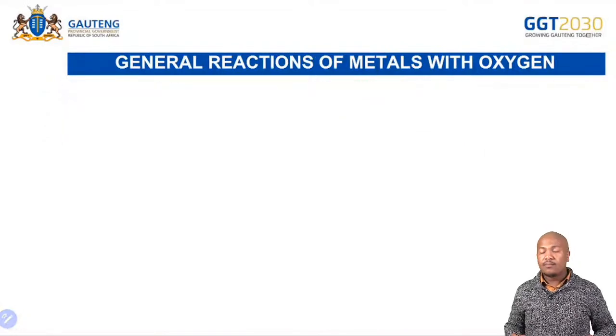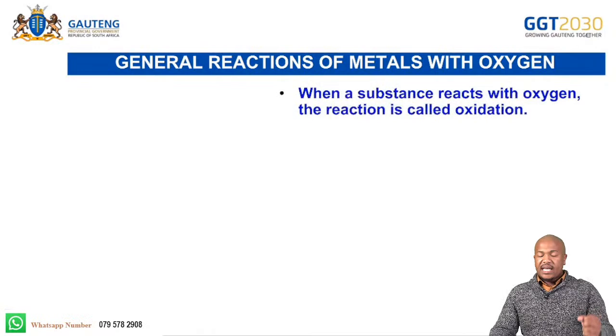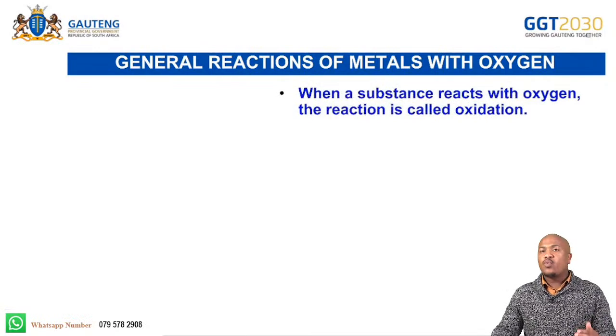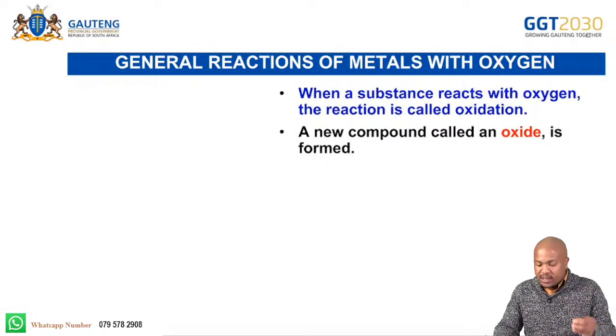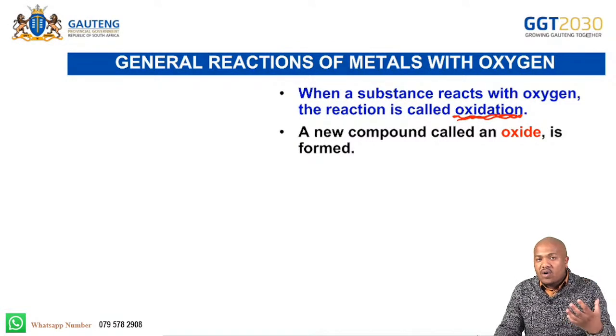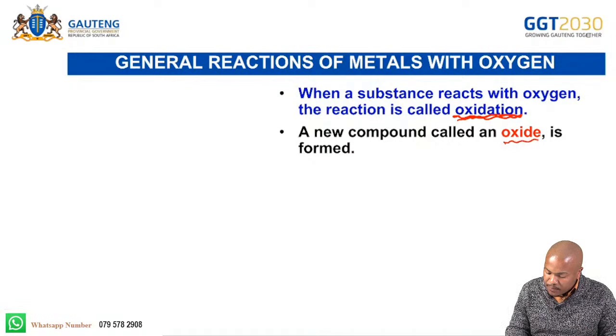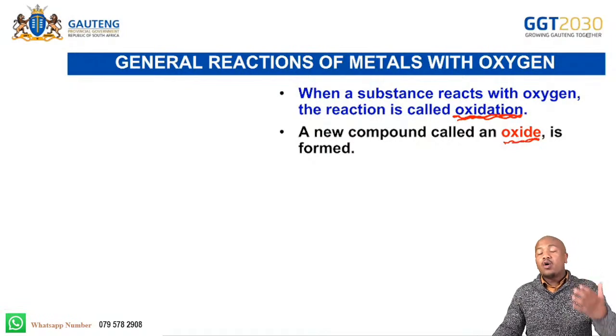So let's look at more of this lesson. When a substance reacts with oxygen, the reaction is called oxidation. It oxidizes. A new compound out of that reaction will be formed and that compound will be called an oxide.